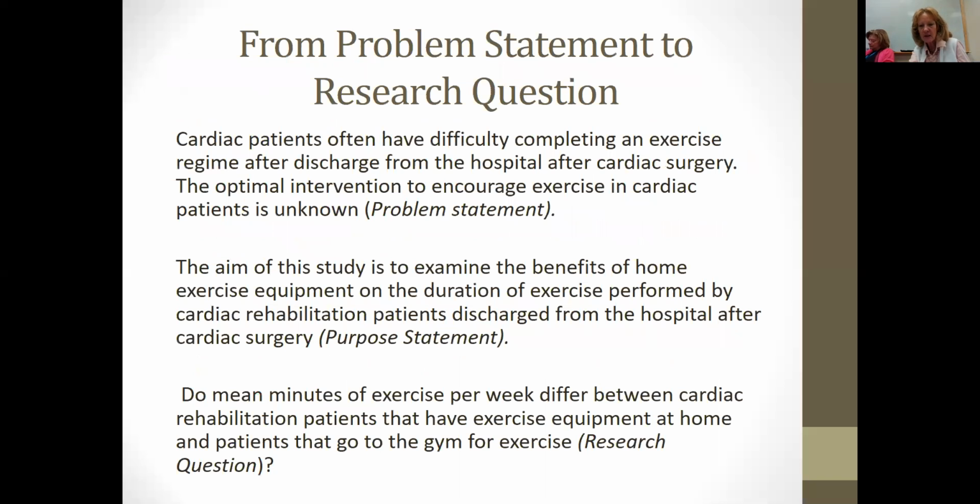So here's just a couple of examples on cardiac patients' problem statement to research question. So take a look and see if you see how they evolved.